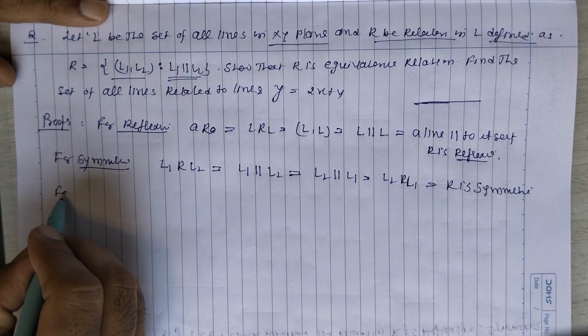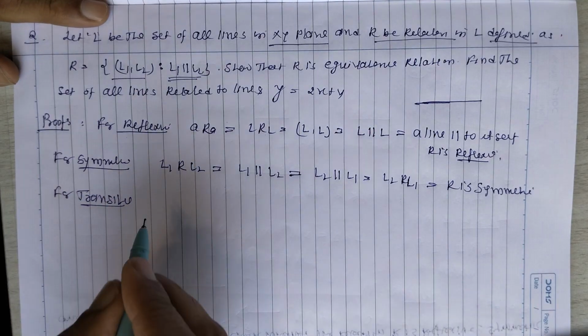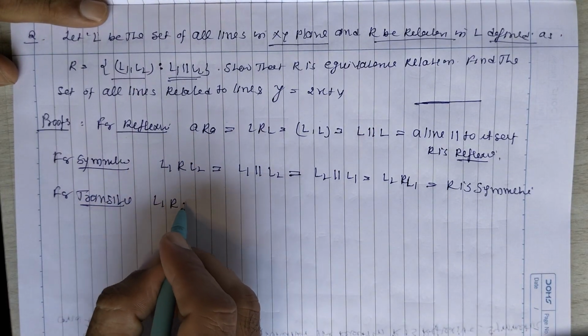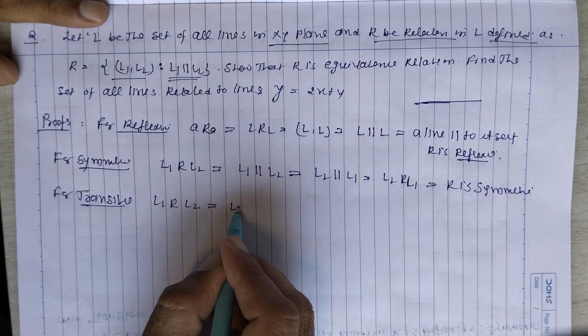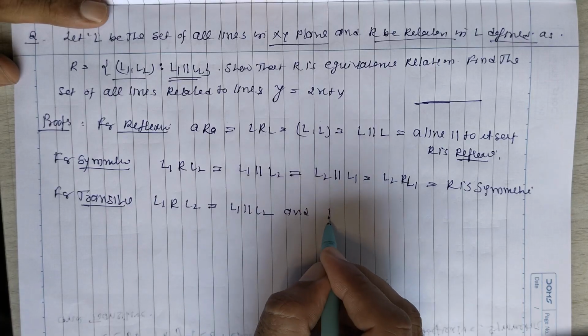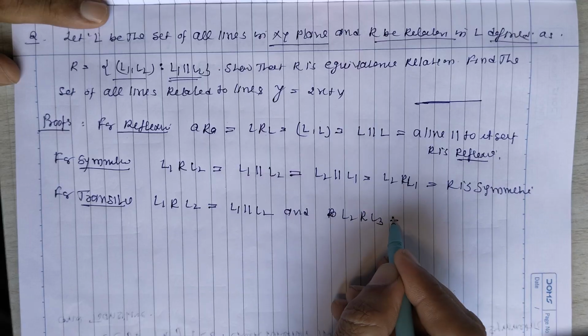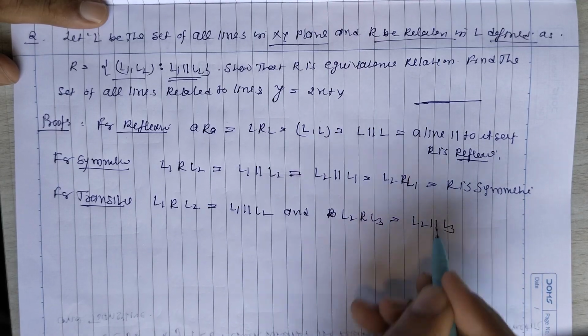It's a very simple question for transitive. L1 related L2 implies that L1 parallel to L2, and second, L2 related L3 implies that L2 parallel to L3.